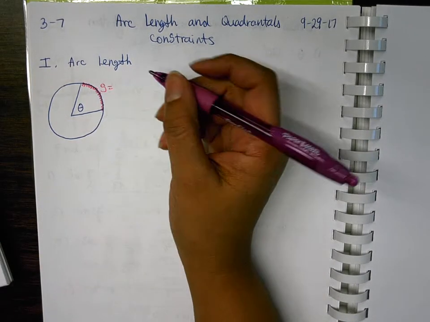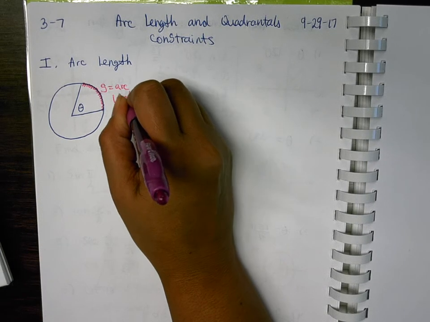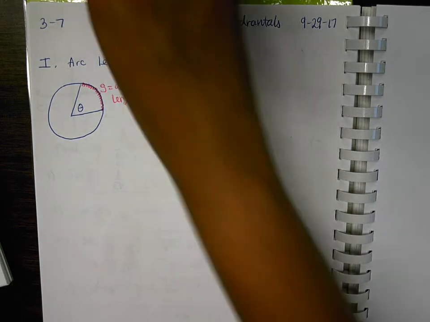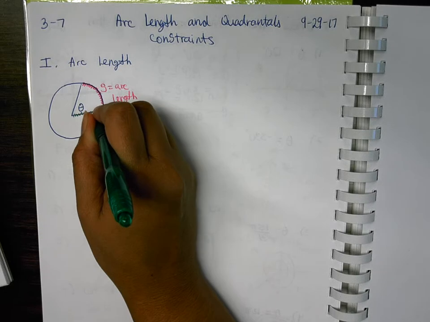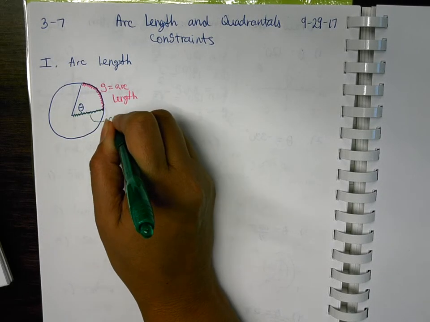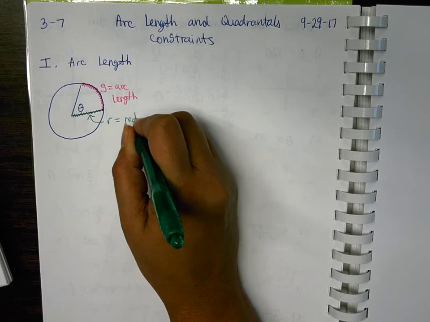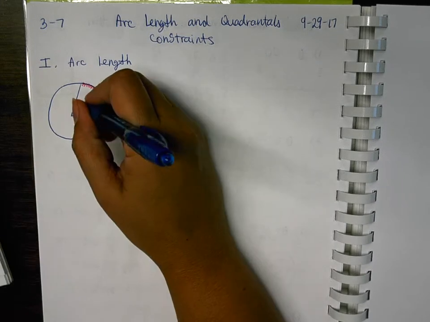S represents the arc length. So when we write our formula down in just a bit, S is going to represent the arc length. R will represent the radius. And what is theta representing?